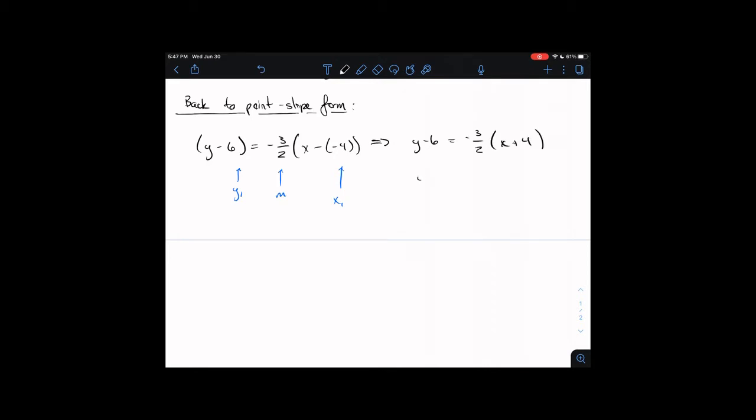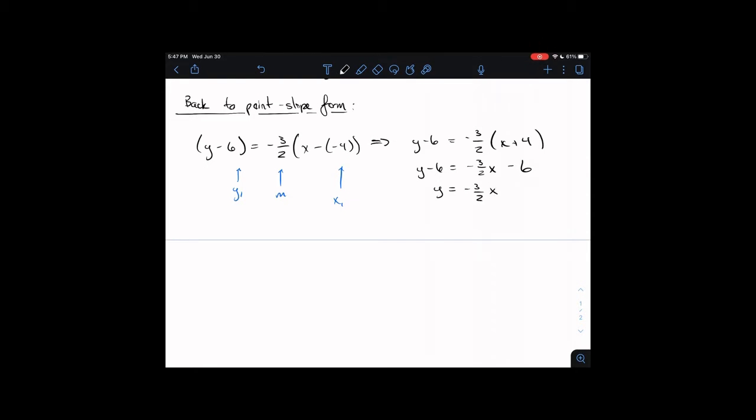Now I distribute. I should have minus 6 here. Now I'm going to add 6 to both sides. Adding 6 to both sides gets rid of that 6. So I have y equals negative 3 halves x.